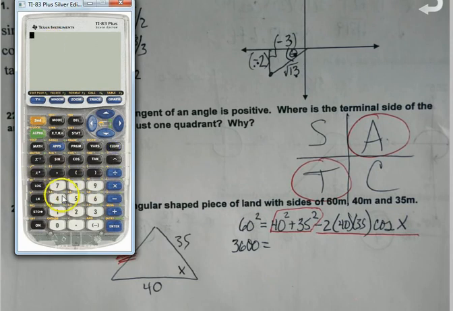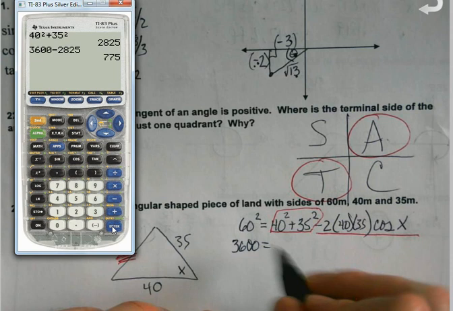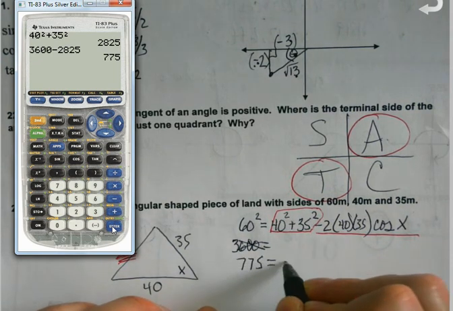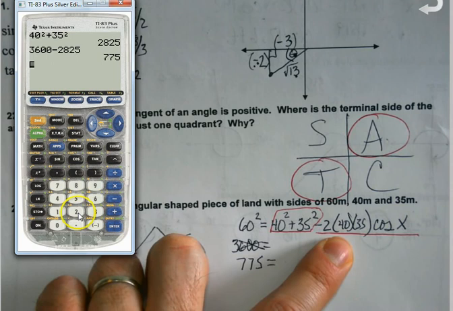So I look, I'm like, okay, so 40 squared plus 35 squared. And I want to take that away from the 3600 because I'm going to want to move that to the other side anyway. Okay, so let's just do this. 775 equals, and then we'll multiply these guys together.